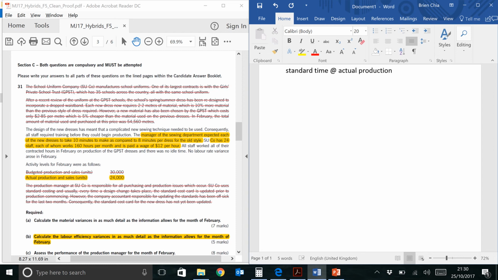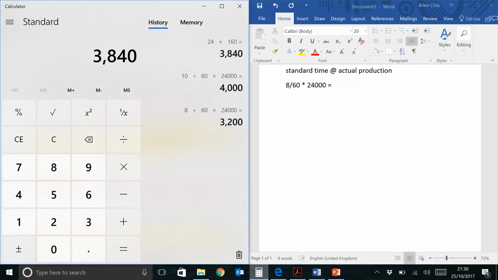In this particular scenario, they say it would take 8 minutes per dress. So we're going to put here 8 over 60, multiplied by the actual production, which is 24,000. So this should give us 3,200 hours. So this is the amount of time that we were expected to take.